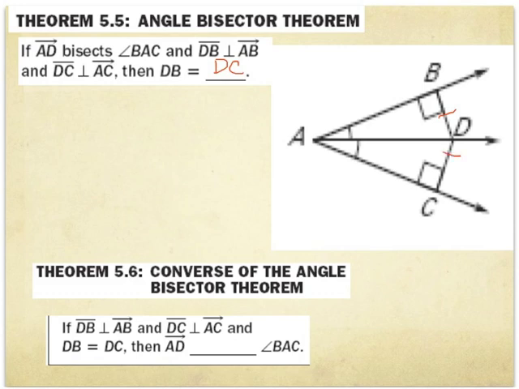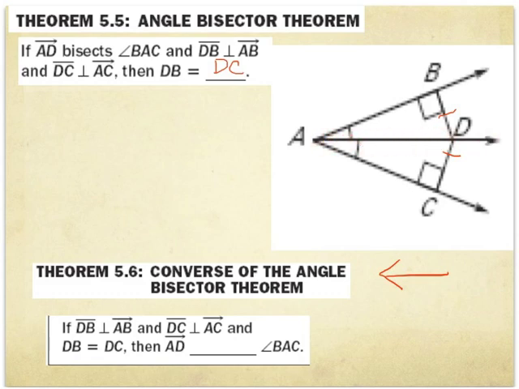Then of course the converse is just the reverse of the angle bisector theorem. So we're just proving this way. We start with the conclusion and give the hypothesis. So in this case we have that if a point is in the interior of an angle, so the point's anywhere in this interior here, and it is equidistant from the sides of the angle, then we can say that it lies on this angle bisector.